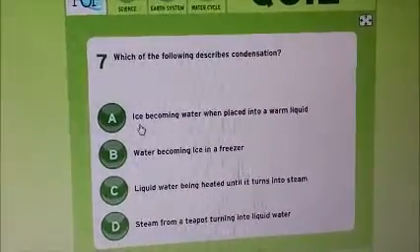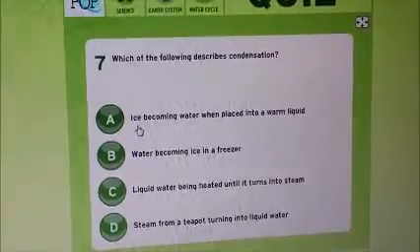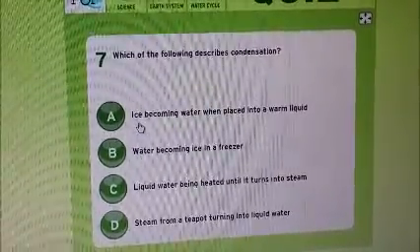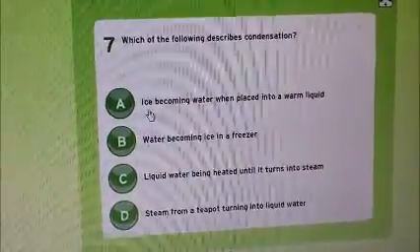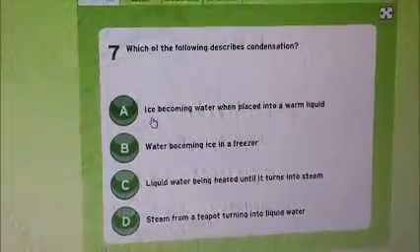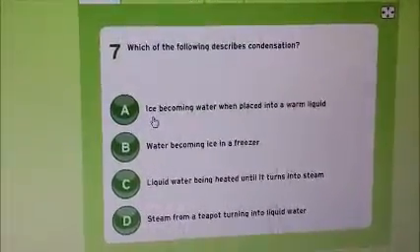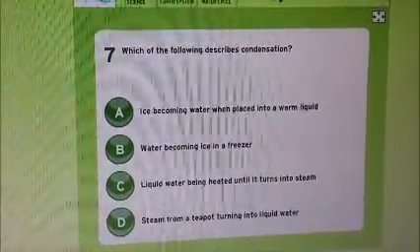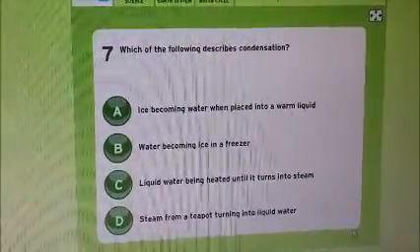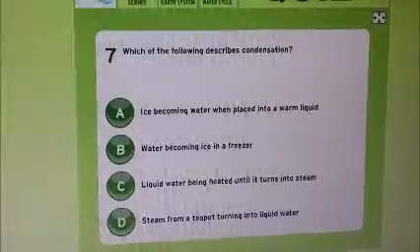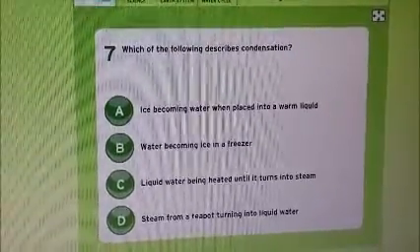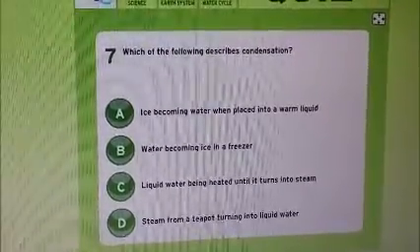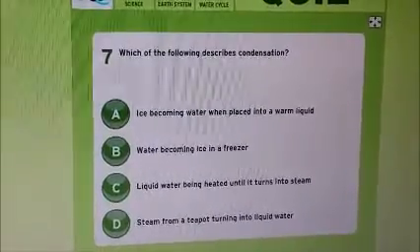All right. Which describes condensation? Does steam from a teapot turning into liquid, is that condensation, or is liquid being heated turning into steam? Remember condensation, when it's up in the sky, what is it turning into? Vapor. Okay, it goes up as vapor, but what does it turn into?